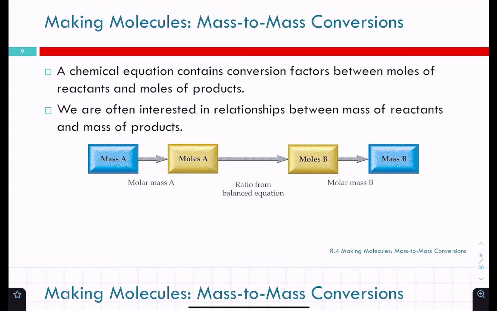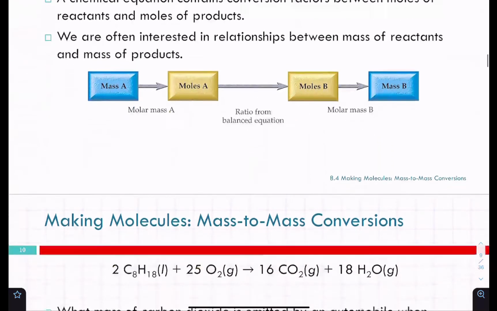The work that you need to do is to figure out the molar mass and the ratio between the two different compounds. And those are going to be different pretty much every time, or you'll have to calculate them.